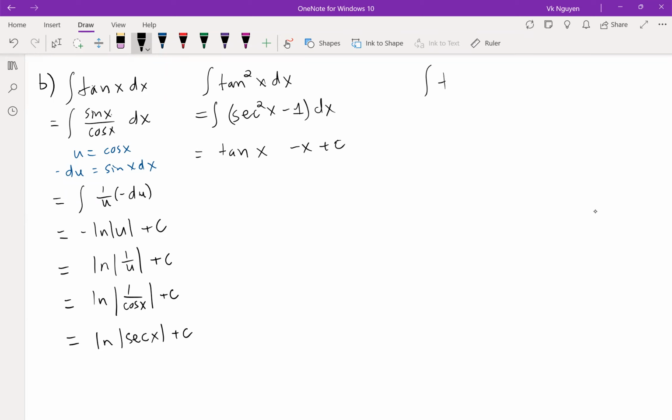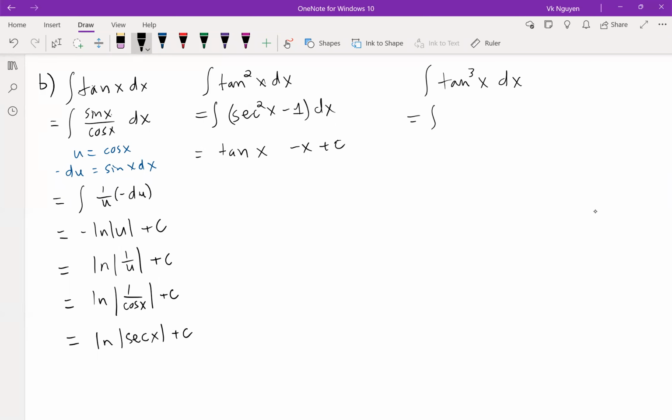Integral tangent to the power 3 x dx. For this one, we're going to use the same trick as with sine x to the power 3.